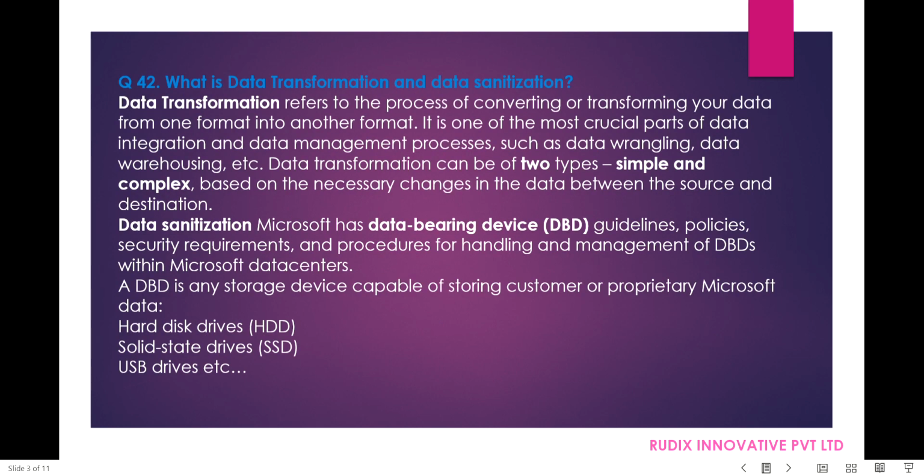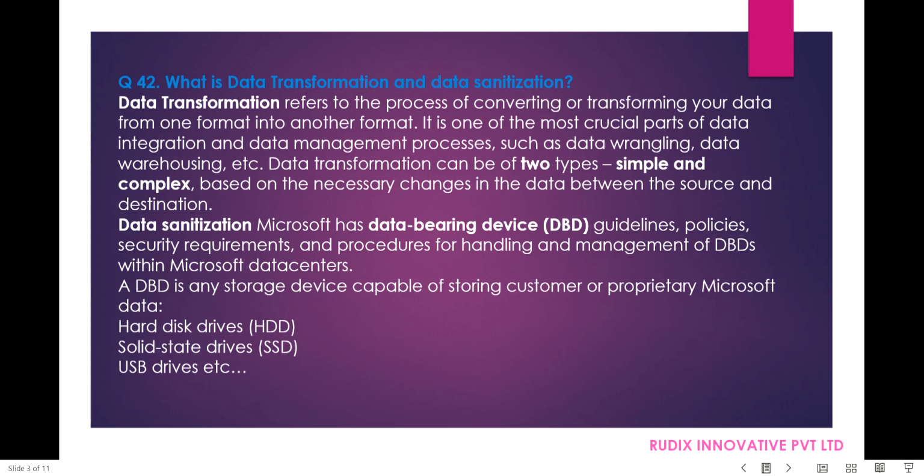Next, what is data transformation and data sanitization? First, let us know what data transformation is. It refers to the process of converting or transforming your data from one format to another format. Transformation means we have data in one format and we transform the data into another format.